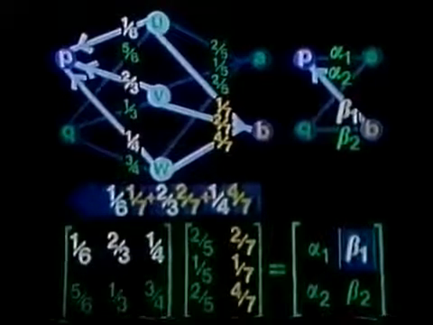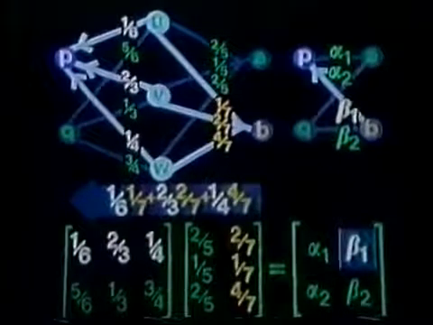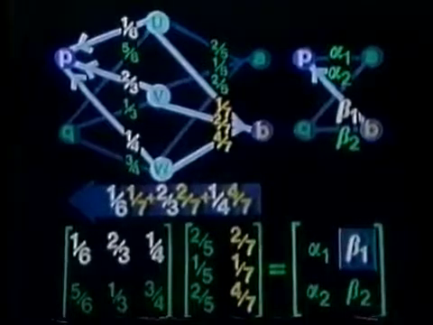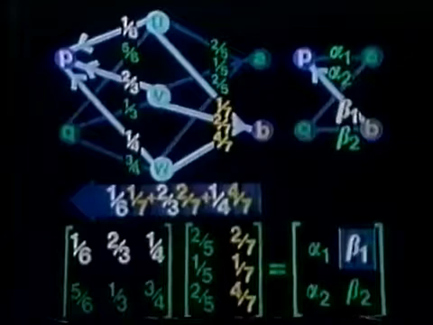And this time, it's the result of the first row on the left acting on the second column on the right. That deals with the first output, P.